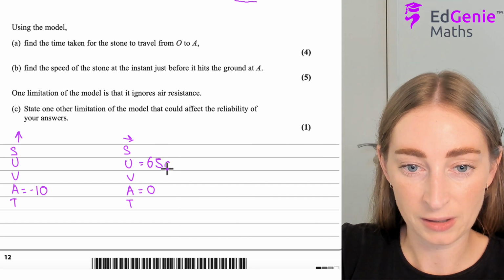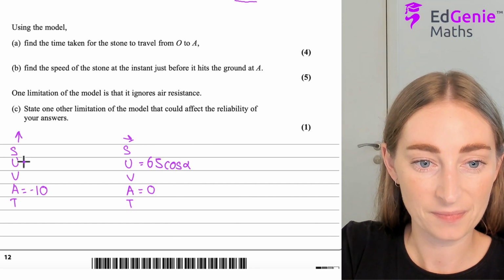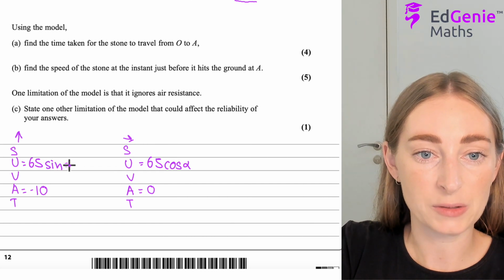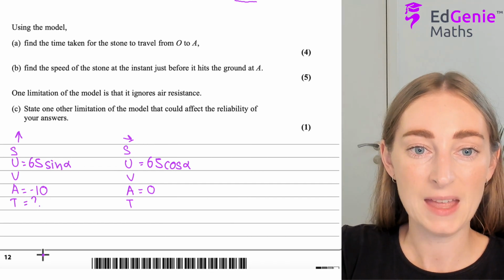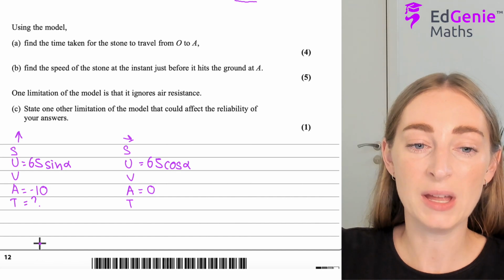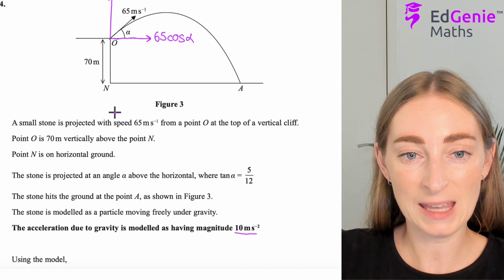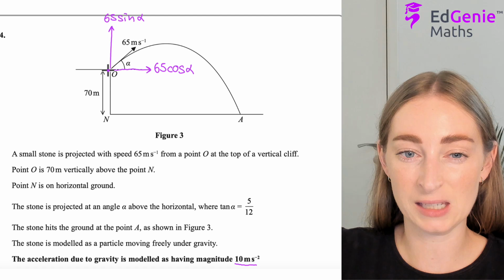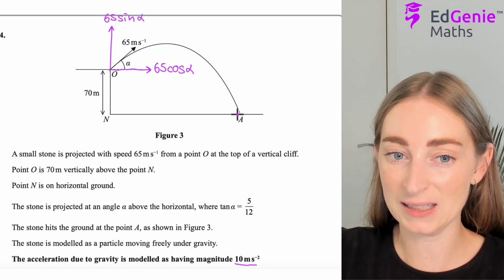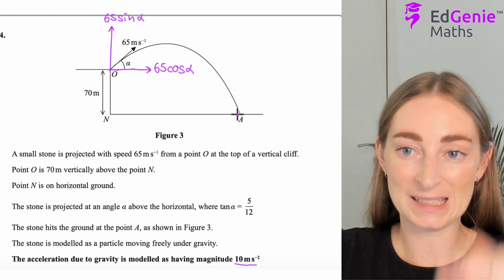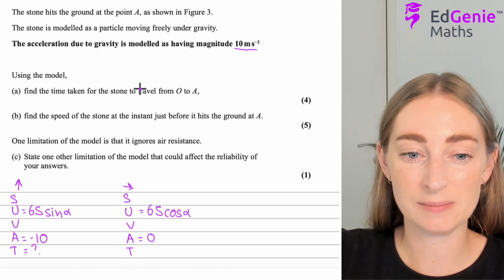So 65 cos, 65 sine. And we want to find the time taken for the stone to travel. So if we're starting here, our height is 0. When we get here, our height is going to be negative 70. So we're going down 70 meters.